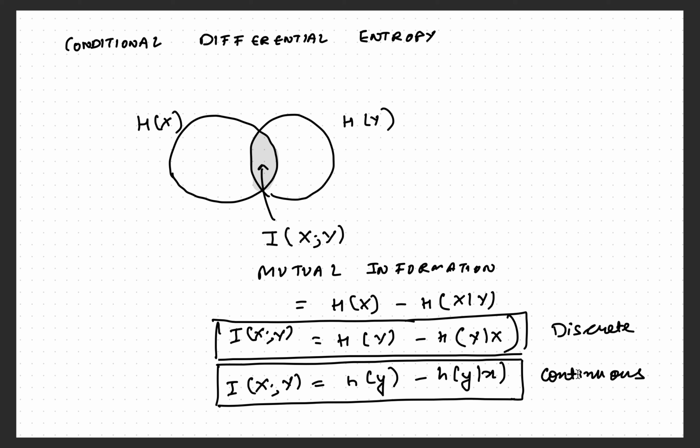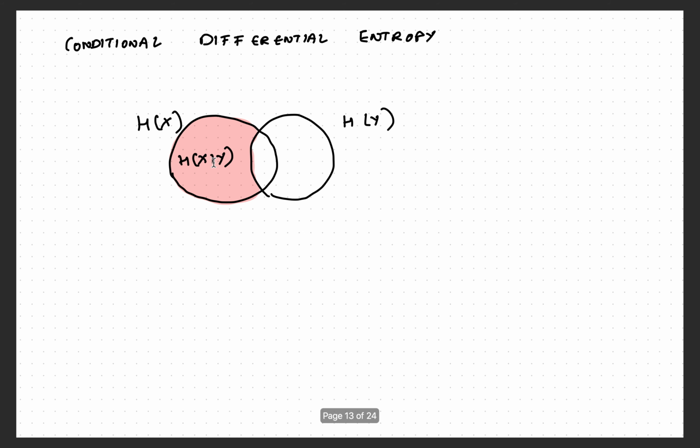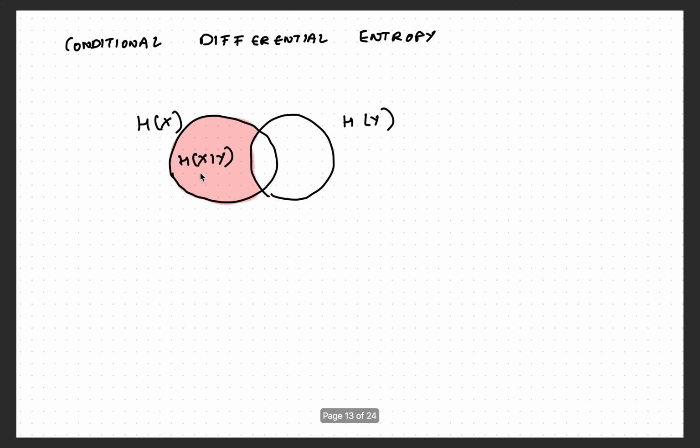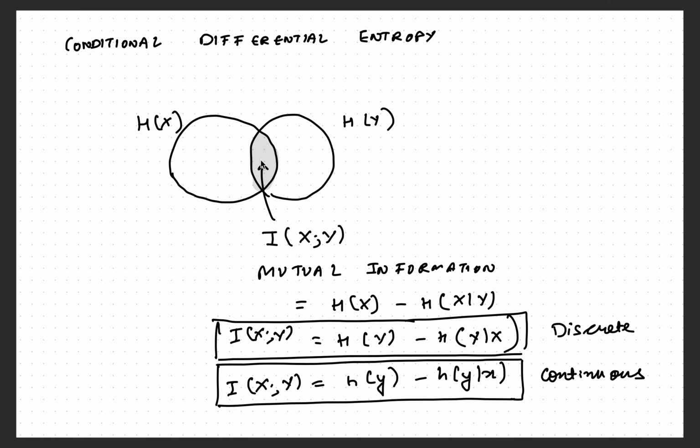which is the mutual information. Now you could write this mutual information as h of x, so h of x is this circle, minus h of x given y. So let's go back: h of y is this, h of x is this circle, and h of x given y is this portion of the circle. And if we subtract this red part from the h of x circle, we'll be left with the mutual information part, which we can do the other way around also.